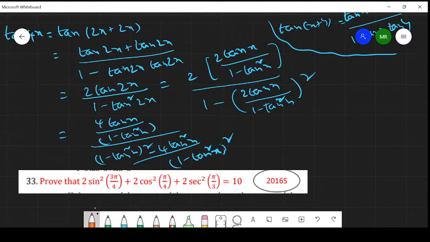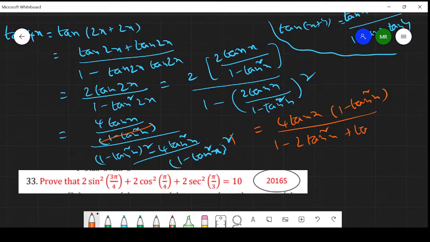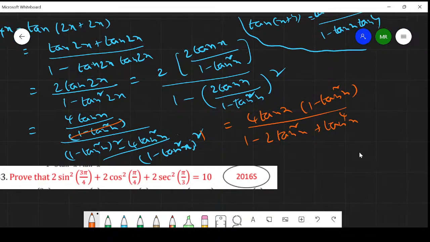I can eliminate this one with the square. Then we get 4 tan x into 1 minus tan square x by the denominator: 1 minus tan square x whole square is 1 minus 2 tan square x plus tan power 4x, minus 4 tan square x.